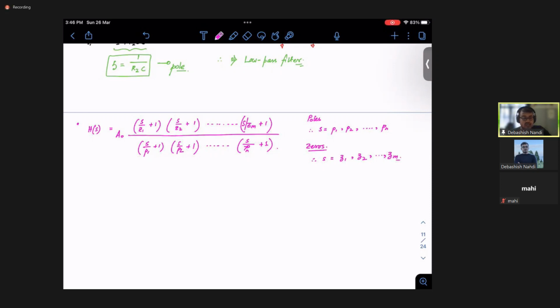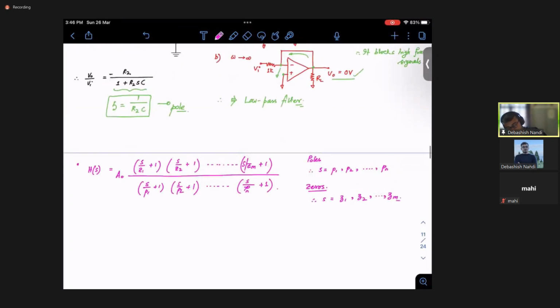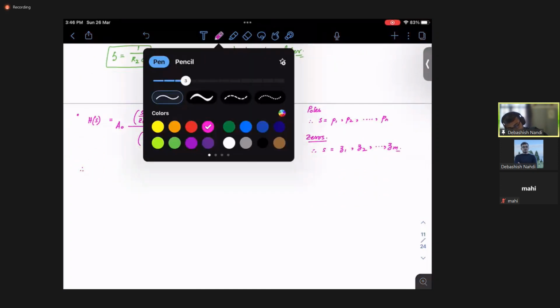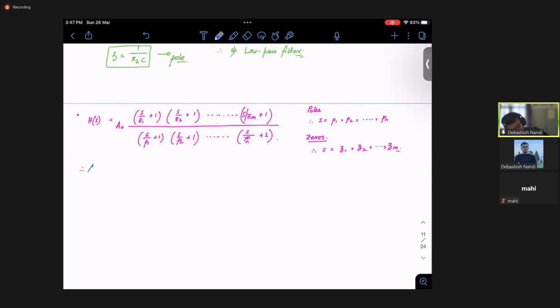And why is it called poles and zeros? Because at the pole location the magnitude of the transfer function blows up, right? So basically you see, whenever you encounter your first pole at s equal to p1, and say p2 is greater than p1 and so on, at this point you will encounter your minus 3 dB point, right?